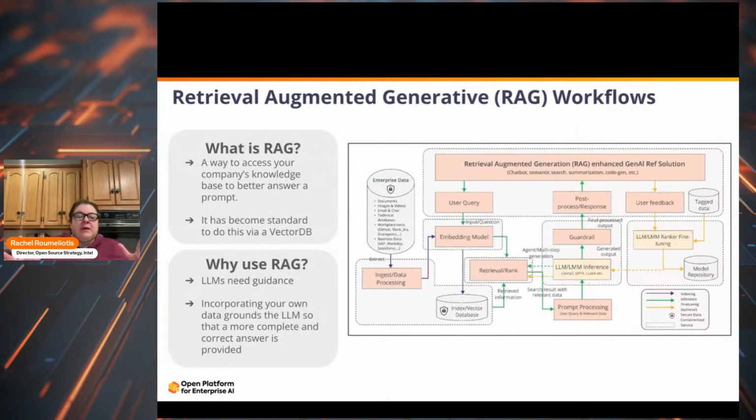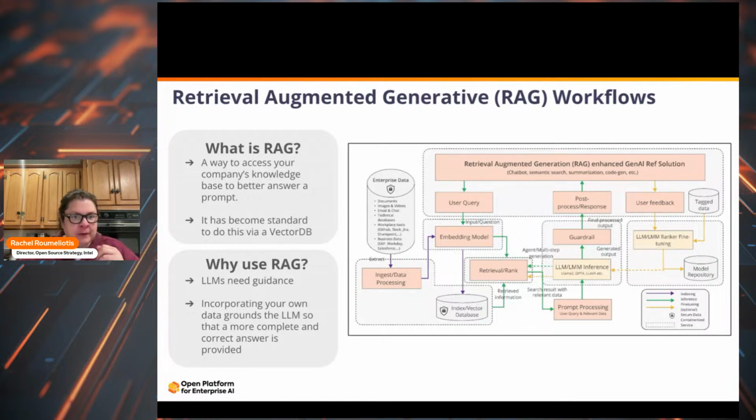So when OPEA came together, RAG was the way people were really excited about doing generative AI. As we've talked about, it is a way to access your company's knowledge.